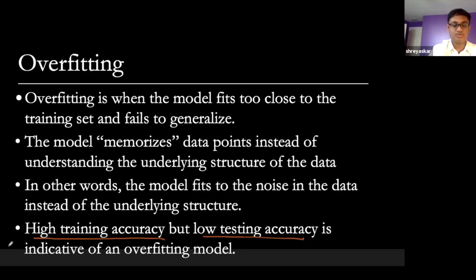Okay, so this is what happened in our previous example when we had this eighth degree polynomial: we had high training accuracy but low testing accuracy, and that was indicative of an overfitting model.